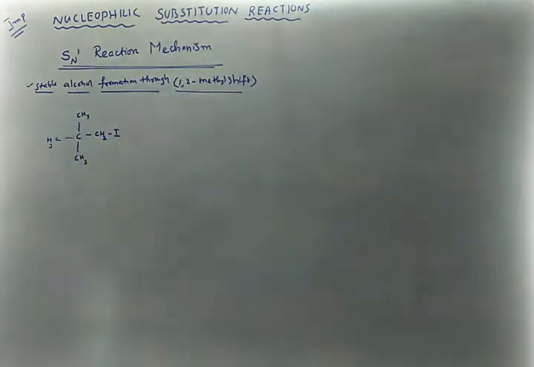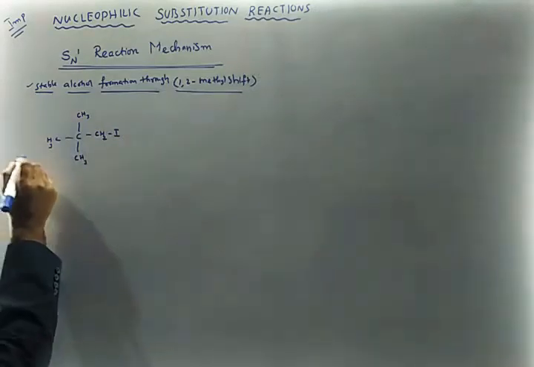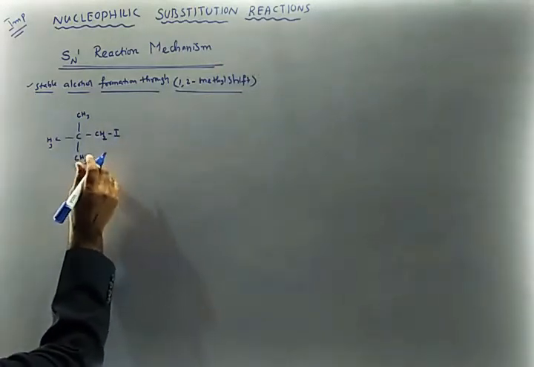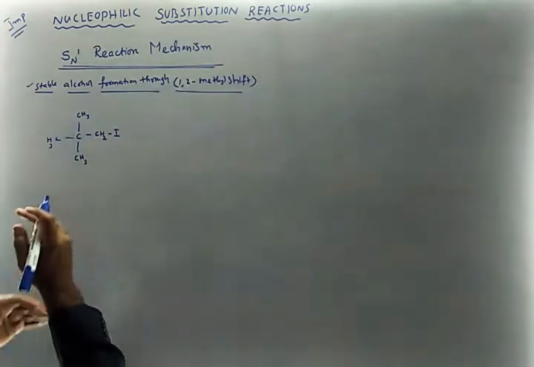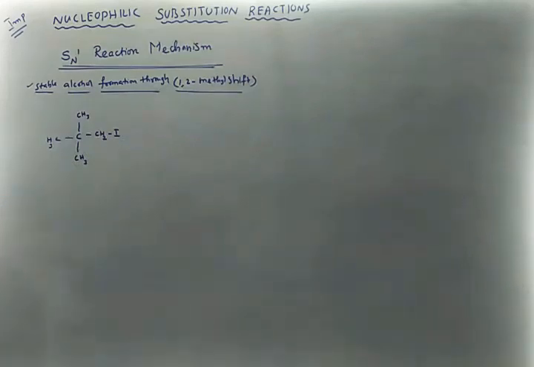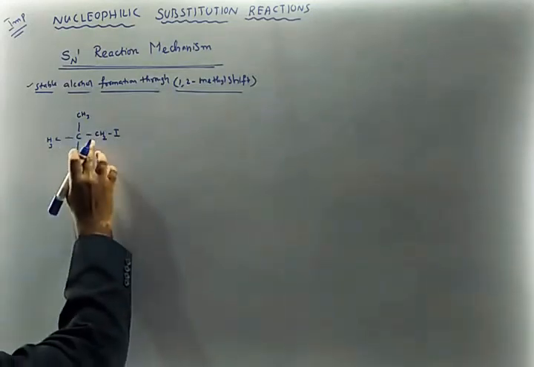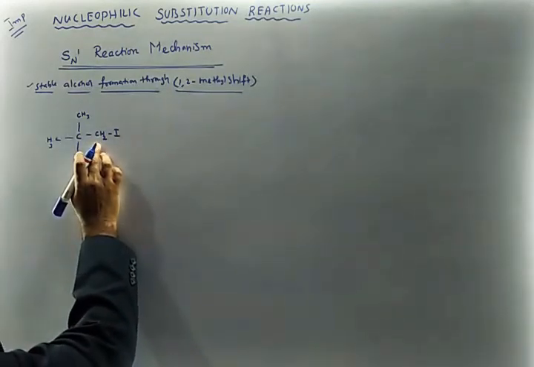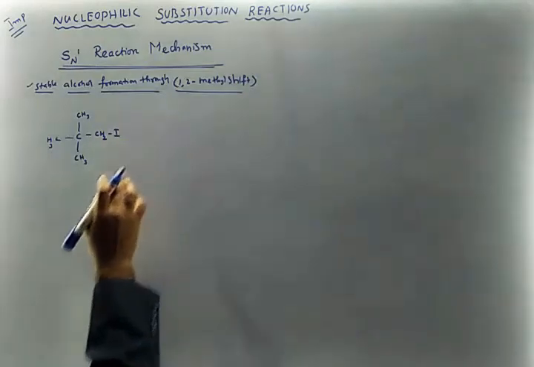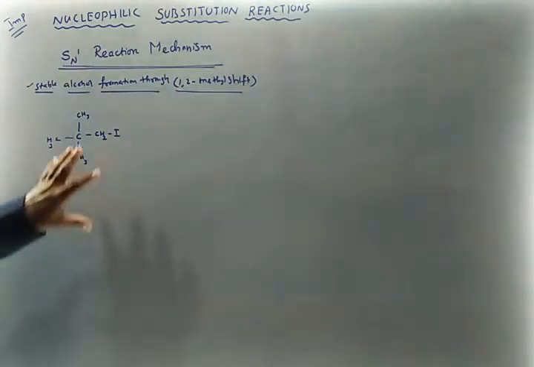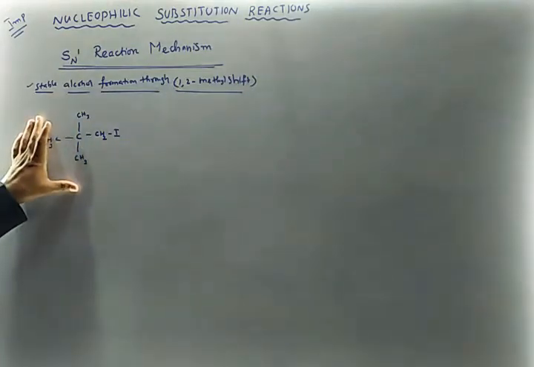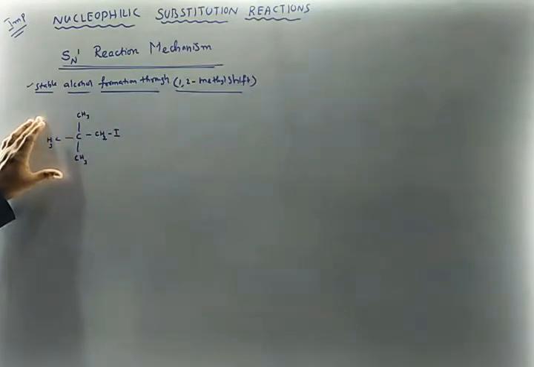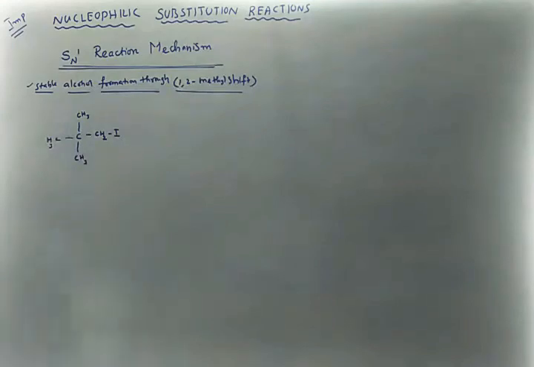I can call this 2,2-dimethyl iodide, but saying it like that is very difficult to understand, so we can call this a neopentyl halide.